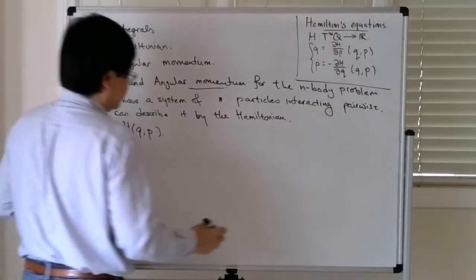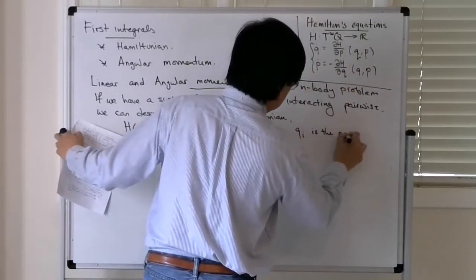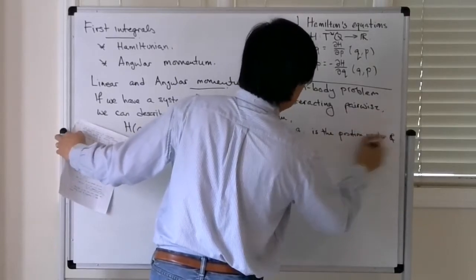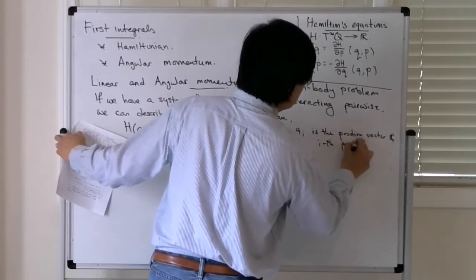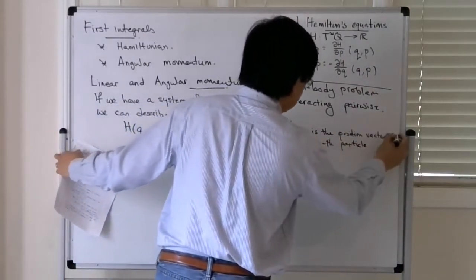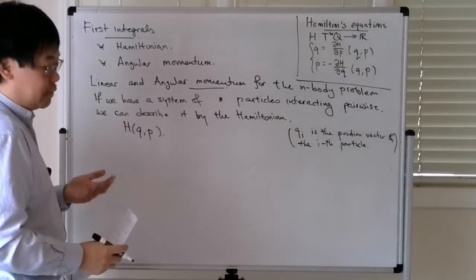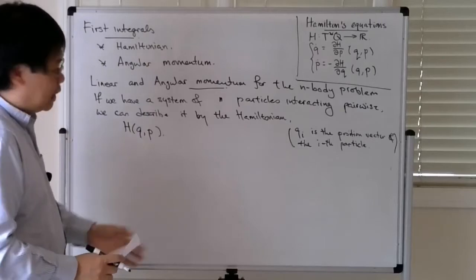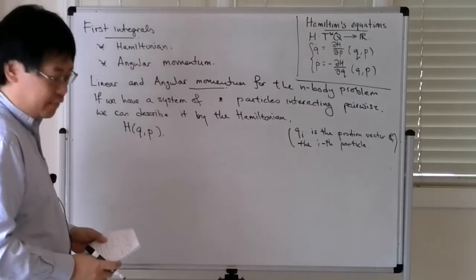So here Qi is the position vector of the ith particle. This is in contrast to the formulation we had before, when we were talking about the Kepler problem, where Q1 and Q2 were the components of the position of the second body. Now, notationally, Qi is the position vector of the ith particle.